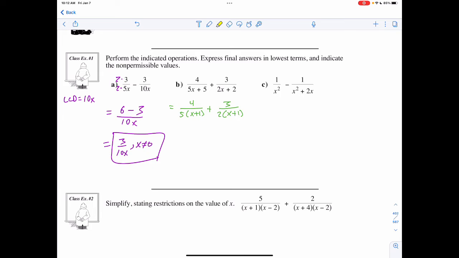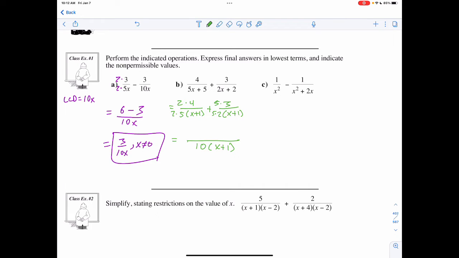So then I just have to look at my coefficients, and between 5 and 2, it's going to be 10. So I need to multiply the first set by 2 on the top and the bottom, and the second set by 5 on the top and the bottom. That's going to give it all over the common denominator of 10 bracket x plus 1.